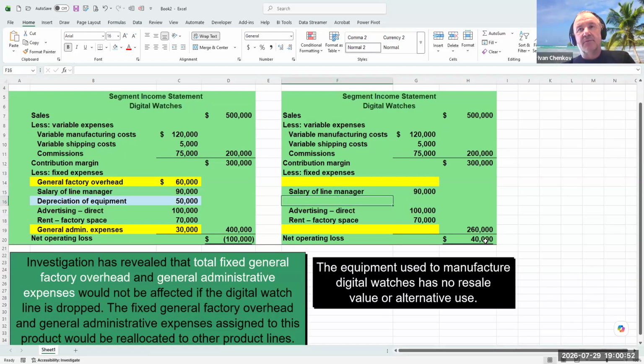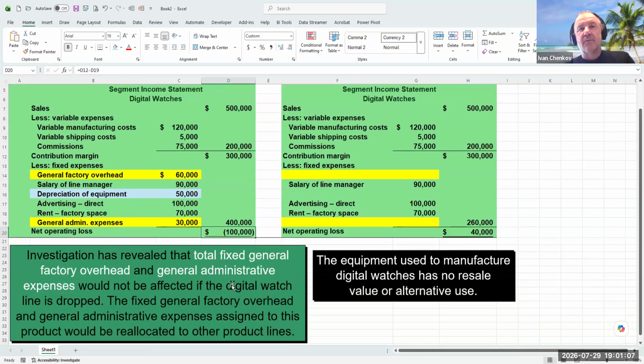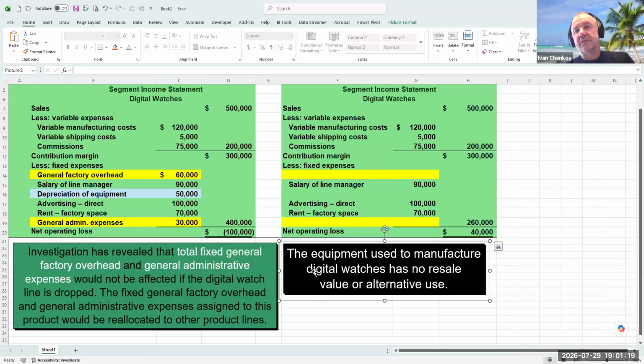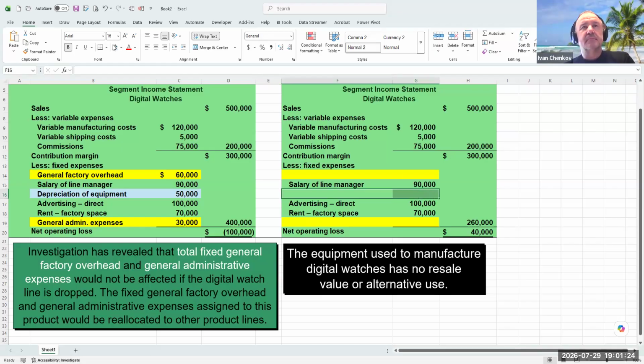Based on the information provided by our accounting department, it looks like we're losing $100,000. But when we add the information about the fixed general factory overhead and general administrative expenses, which cannot be eliminated, and see that the equipment has no resale value and no alternatives, then we see that this division is actually producing $40,000 in operating income.